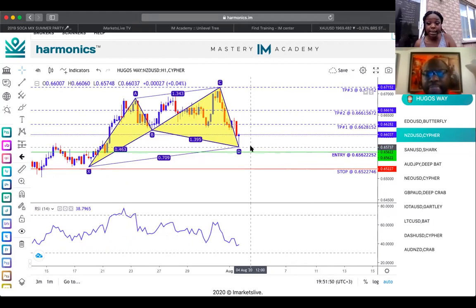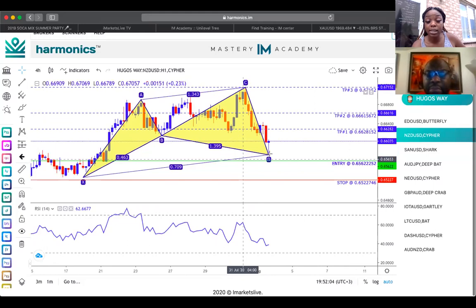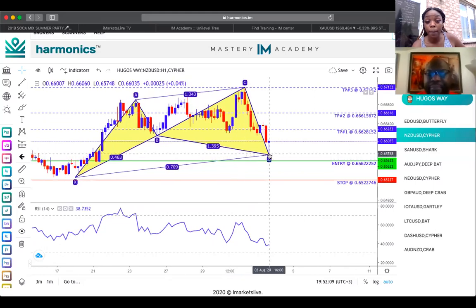Yes, I have a question. You see that chart we're looking at right now? Why is it that the entry point is that much lower than where the D is? Because the D point is going to sit at the bottom of the candle, the lowest point of the candle for the buy, and then for the sell, it's going to be the highest point of the candle.